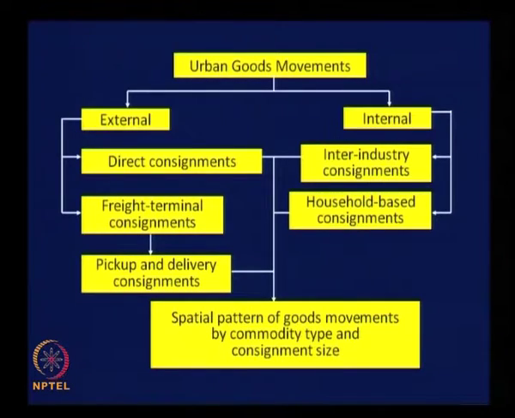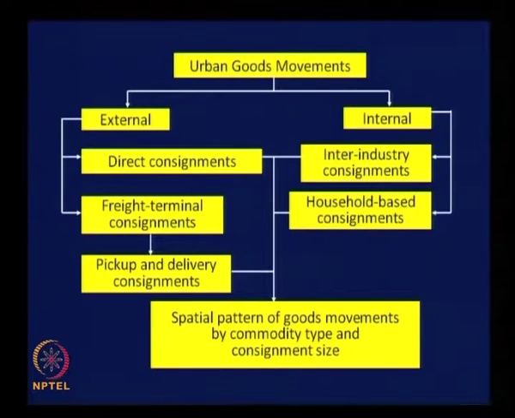That is what is indicated here below, direct consignments as freight terminal consignments. And freight terminal consignments involve pickup and delivery consignments, because the freight will be divided into smaller units and smaller trucks will be used as pickup as well as delivery trucks.